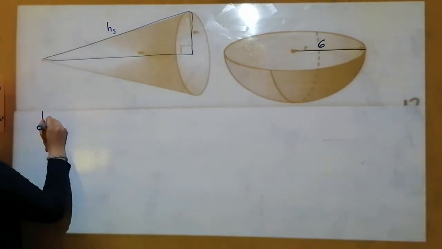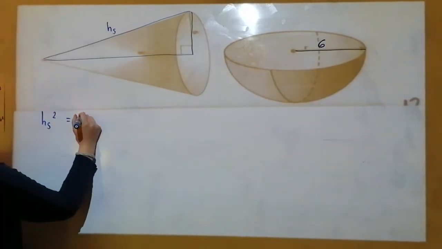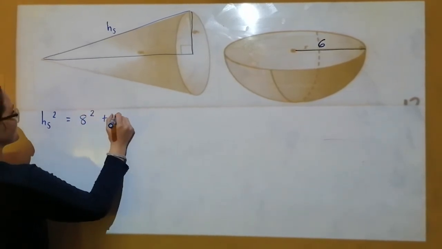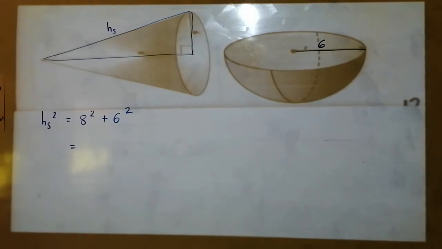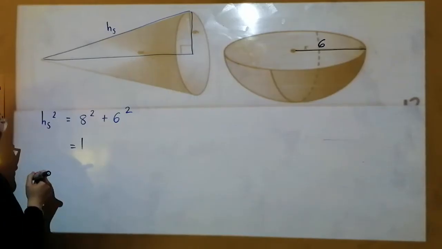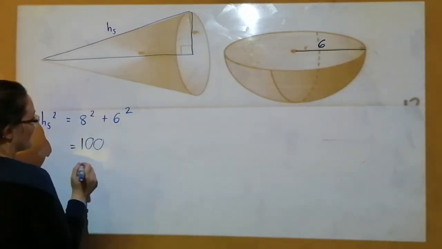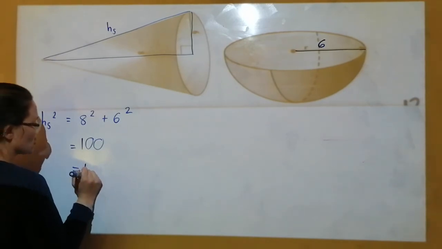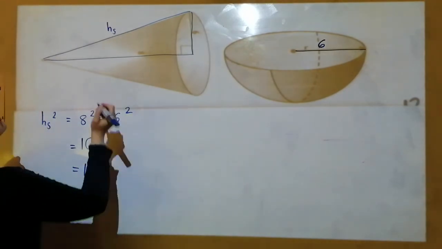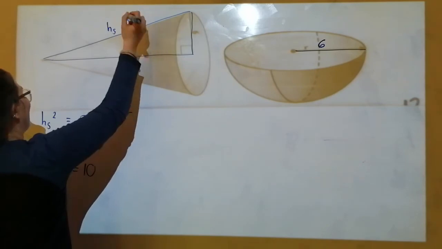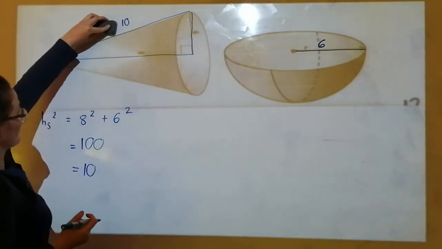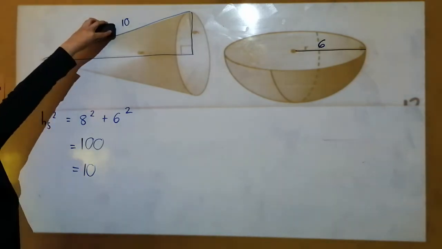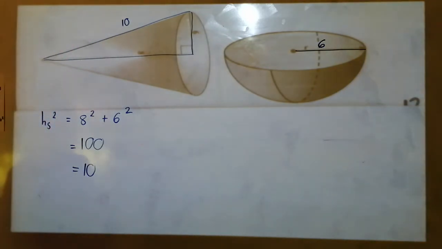My height slant squared must equal 8 squared plus 6 squared, which gives me 100. And I must always square root it, so I've got 10. I wonder if this is in centimeters. It's quite a big ice cream cone. So the height slant is 10.